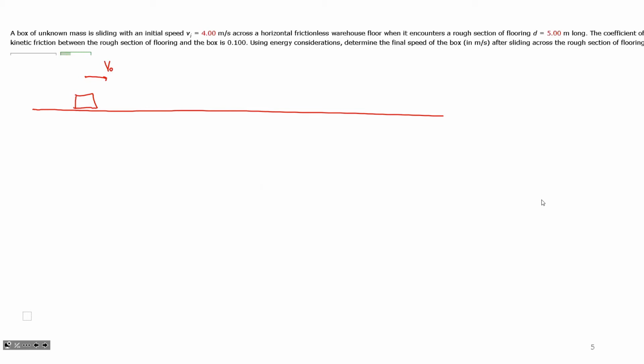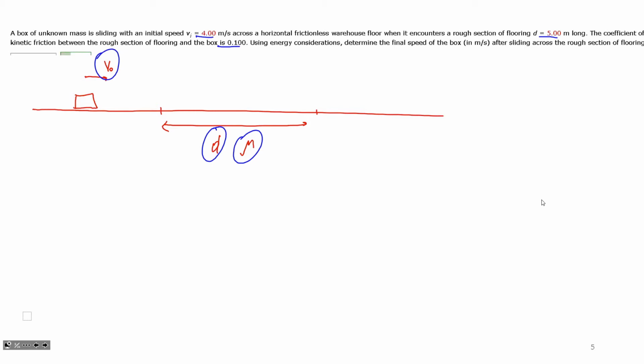And it encounters a rough section. The length of it is equal to something. So we know these variables, this and that. We know the coefficient of friction. One, two, three variables.